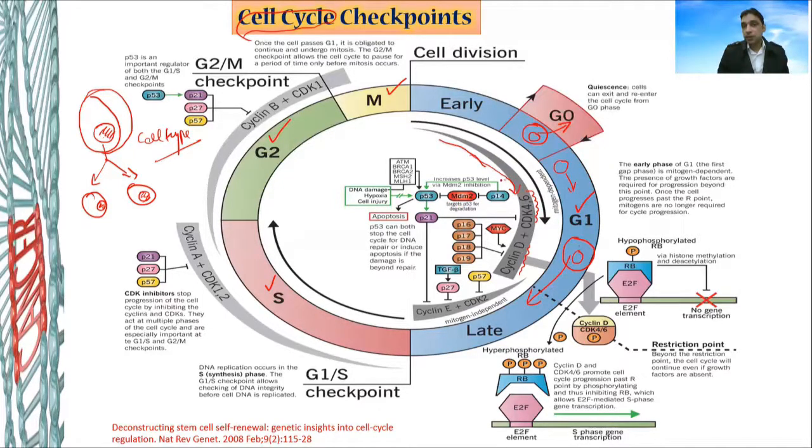If the cyclins are not increased to a definite level, the cells will not proceed to the later G1 stage, and it will stay somewhere here. If the levels of cyclin D as well as CDK4 and 6 stay here, the cells will commit and enter into the G0 phase.